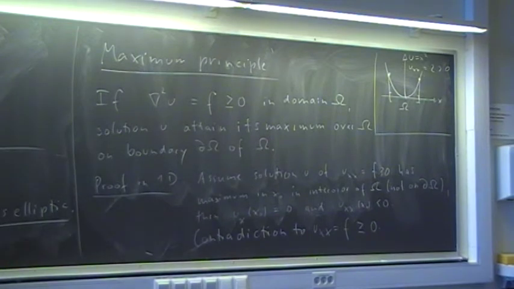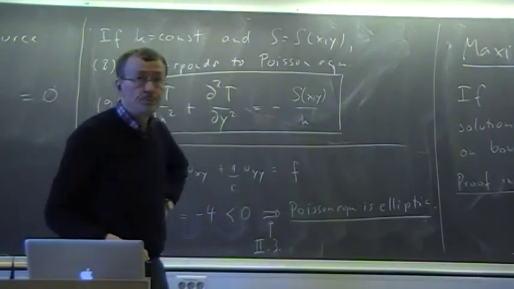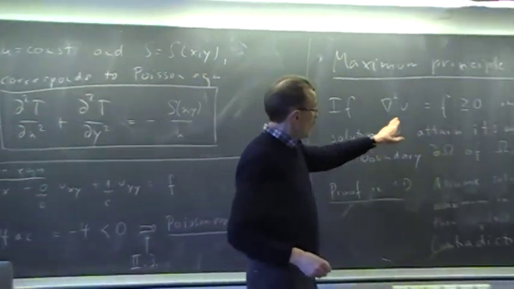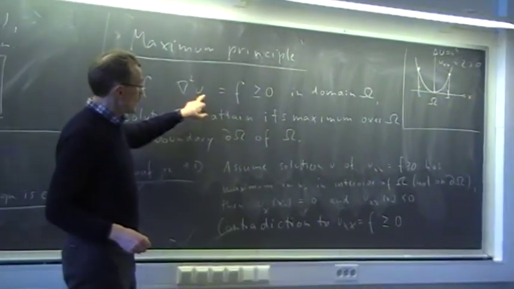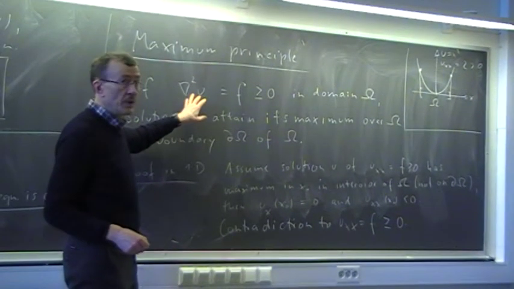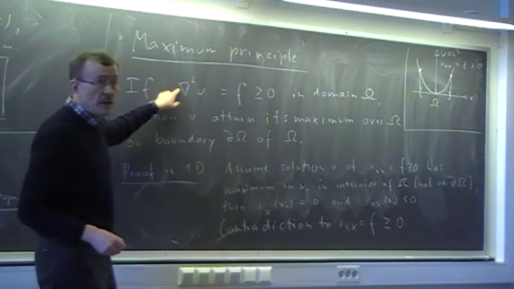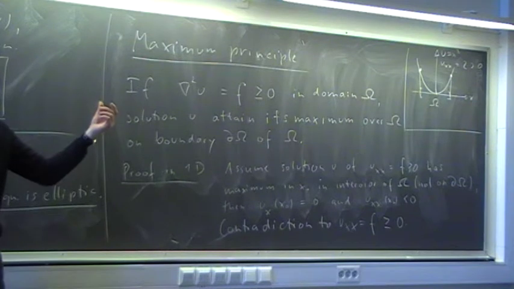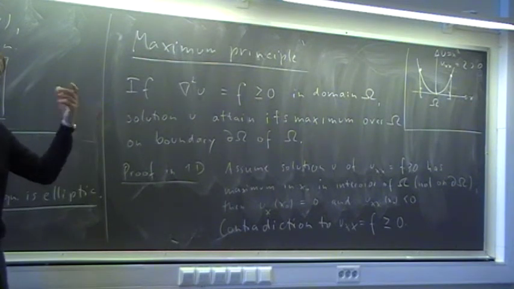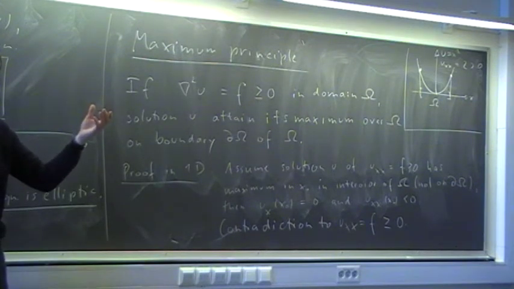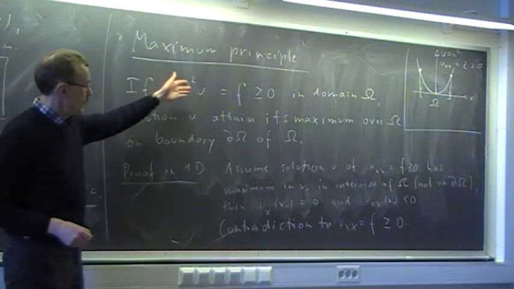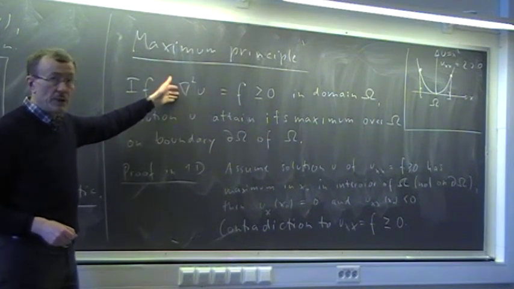What about when we have f equal to 0? Then we can argue that u will attain its maximum on the boundary, but if we take the inverse, the whole argument for minus u, that will always also attain the maximum on the boundary. Of course, the equation will also be satisfied.